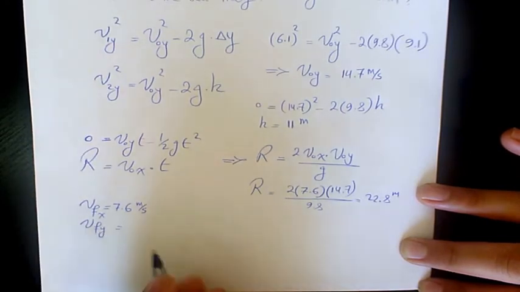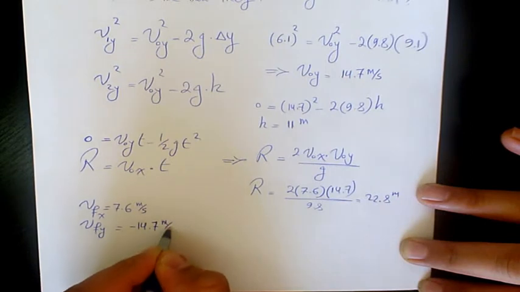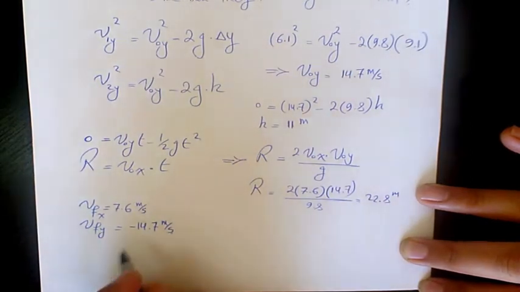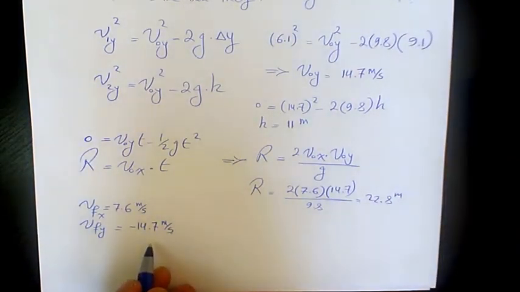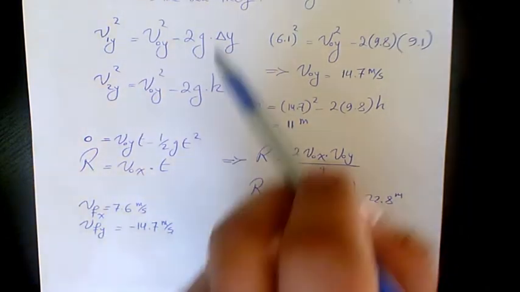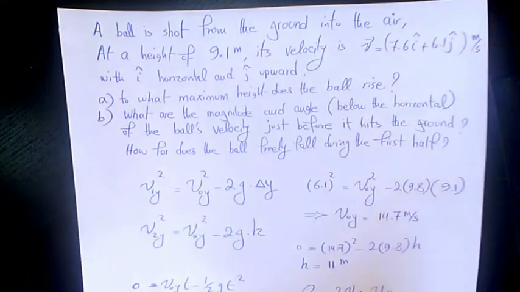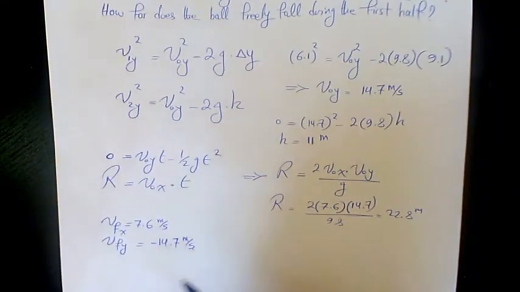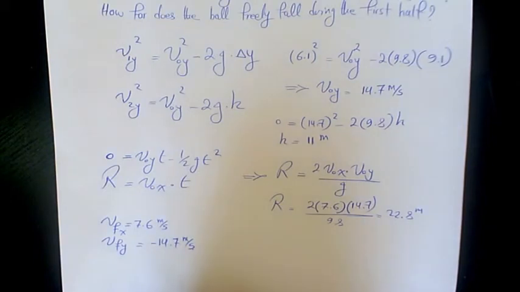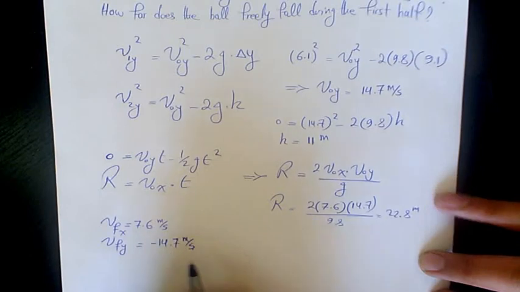Vfy is going to be negative 14.7 meters per second. Because it starts from the ground and it's returning to the ground, the final velocity in y direction has to be the same as the initial velocity in y direction.